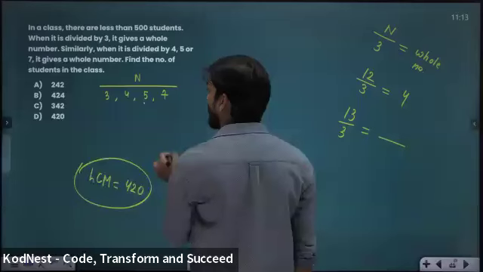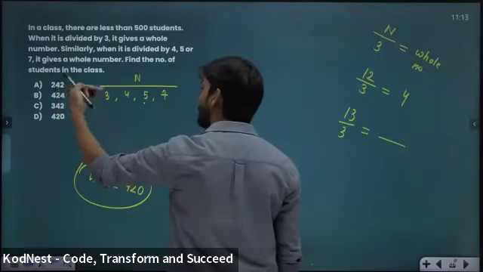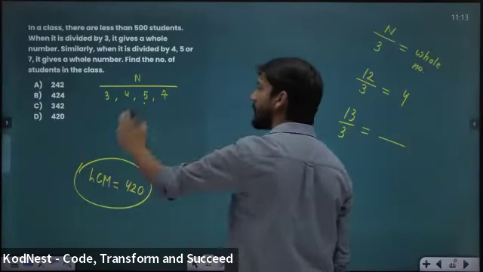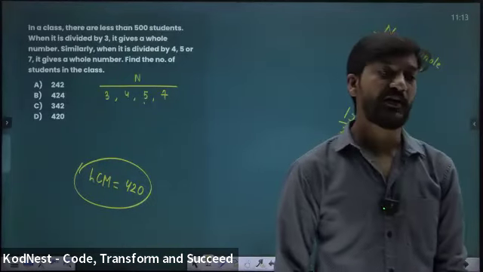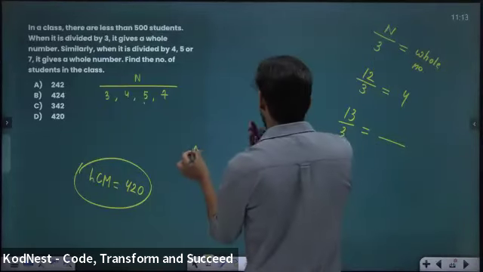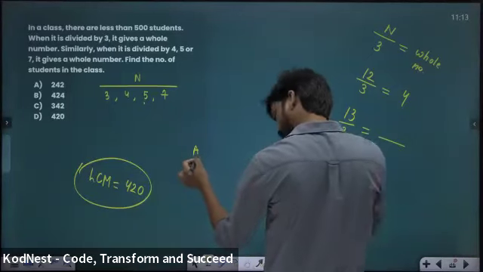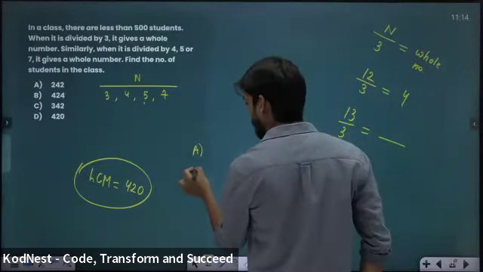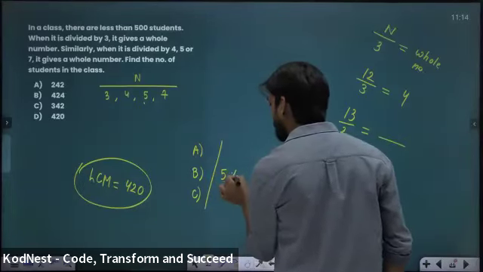Okay. Out of all these options, which options are not divisible by 5? A, B, C. Okay.